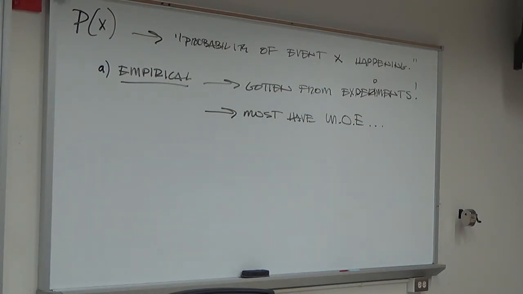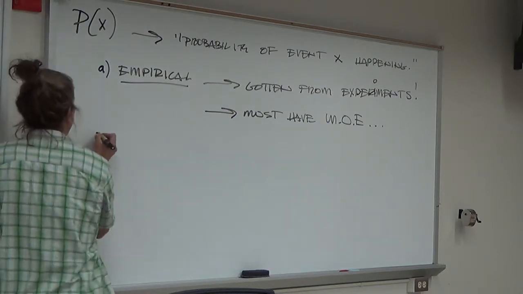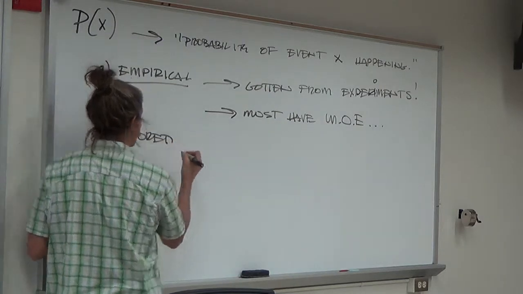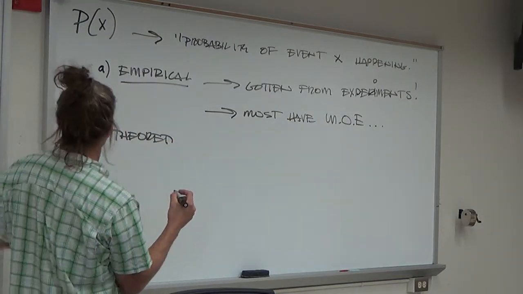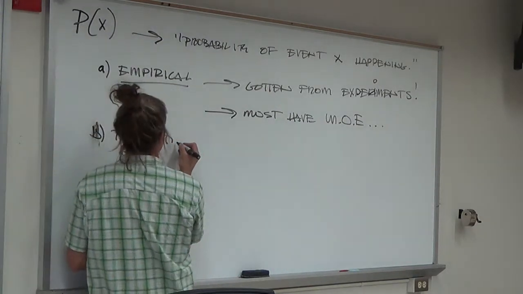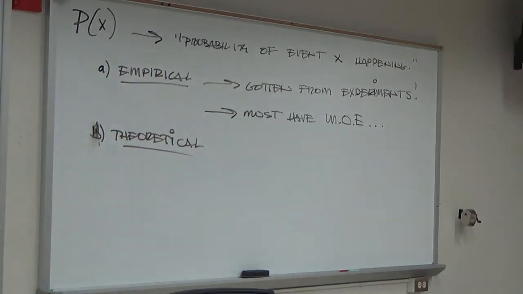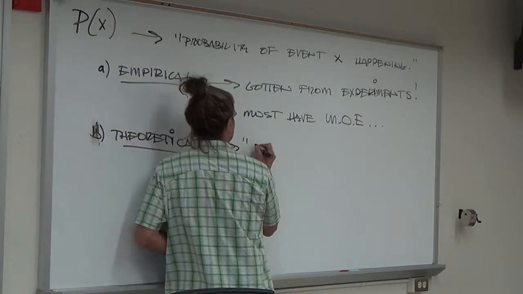So it has to have a margin of error attached to it. Okay? Now, that's an empirical. There are also theoretical. A theoretical is perfect probabilities.